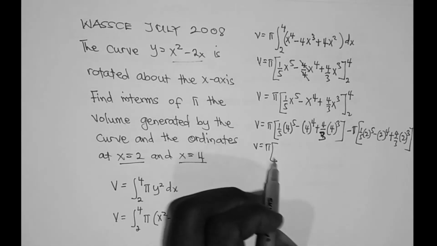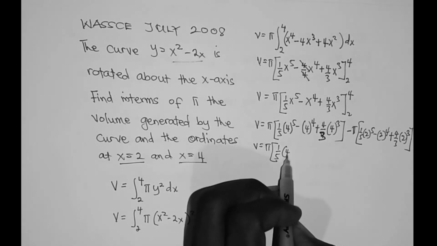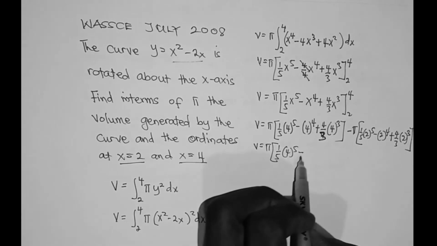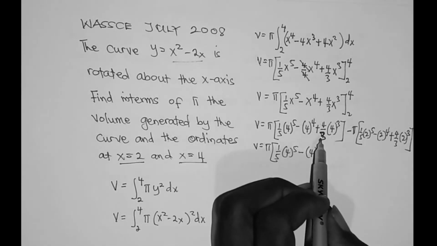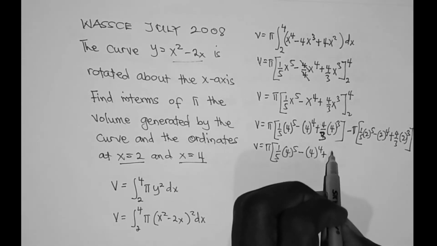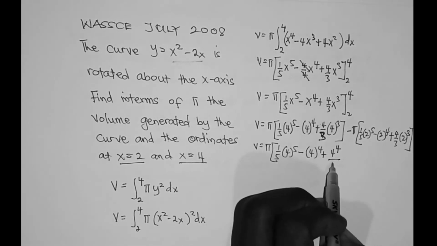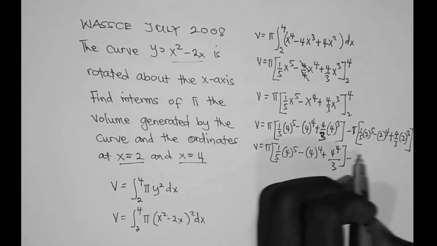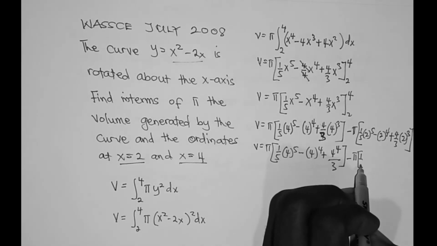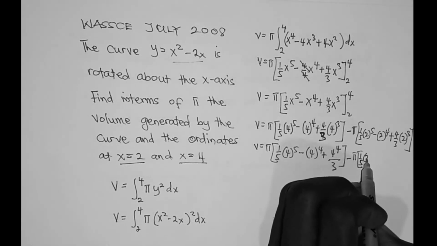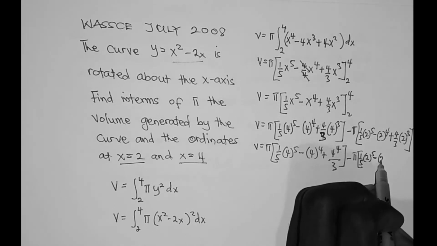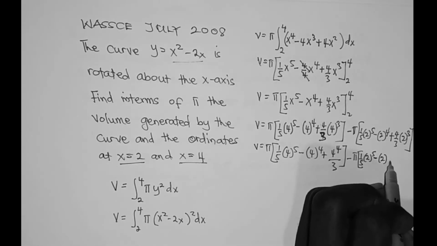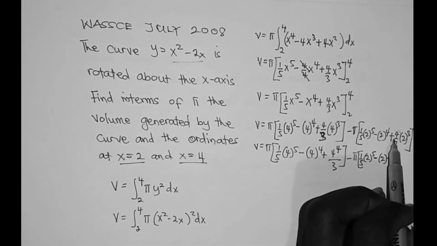So this is pi times 1 over 5 times 4 to the power 5 minus 4 to the power 4, and this 4 can multiply this 4, so we get plus 4 to the power 4 divided by 3, minus pi times 1 over 5 times 2 to the power 5, then minus 2 to the power 4, then plus, this 4 can also be written as 2 squared.